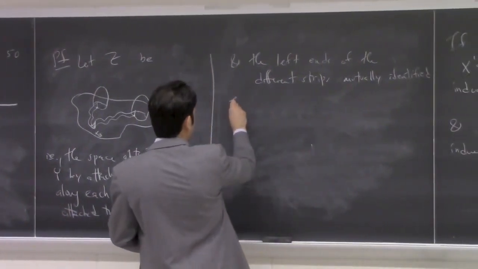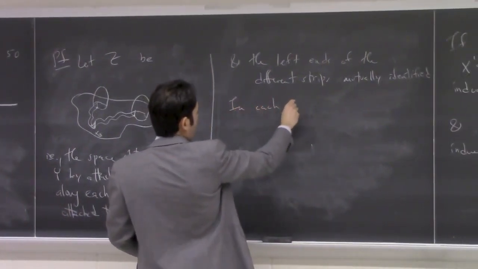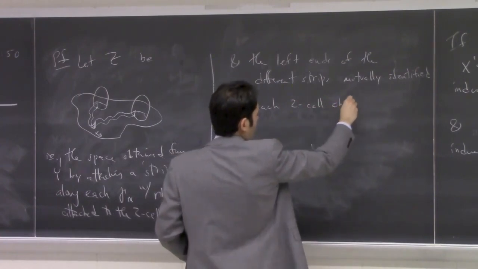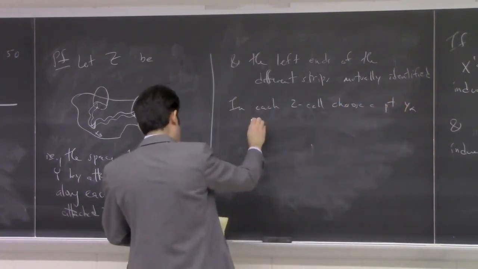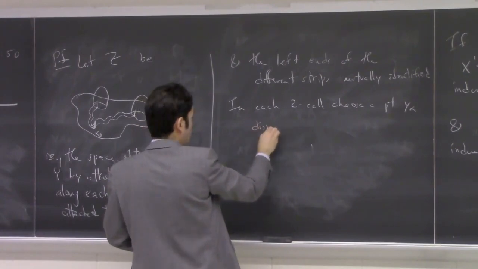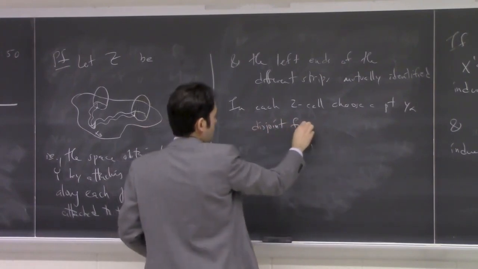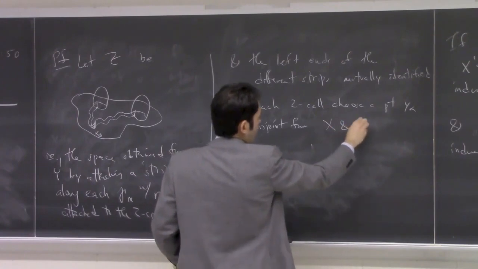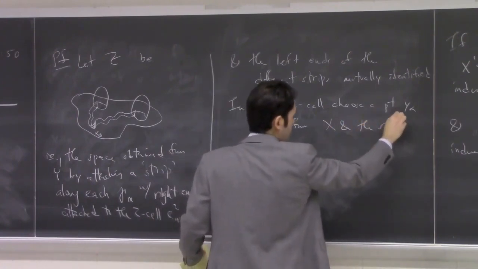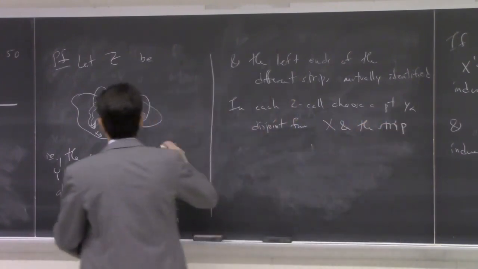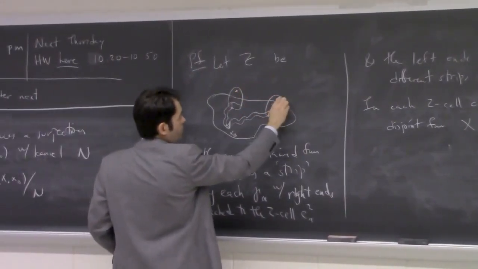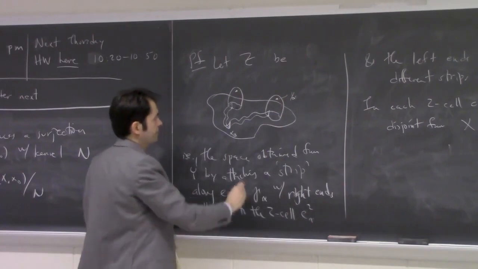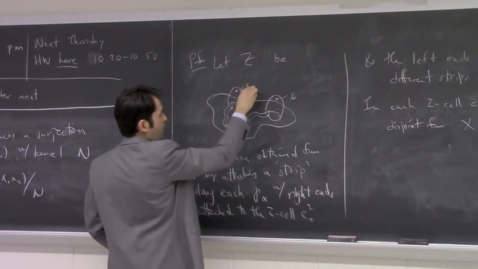Okay, so in each 2-cell, choose a point y alpha disjoint from X and the strip. Just pick the north pole of each one of these. So this would be the point y alpha here, and this y alpha prime over here.